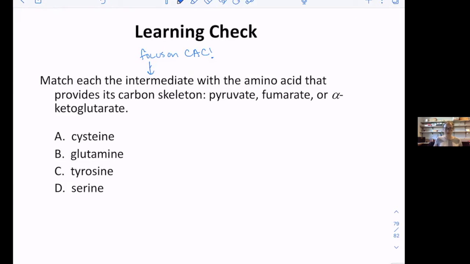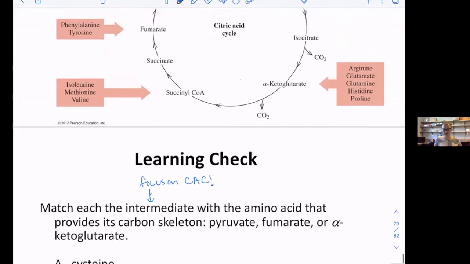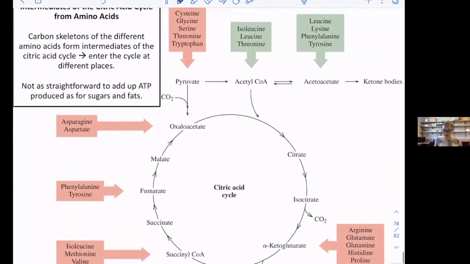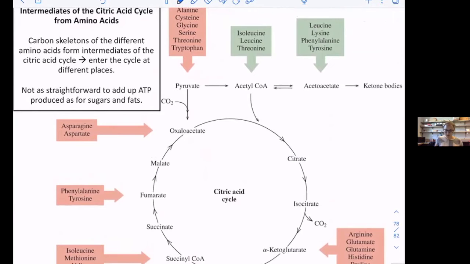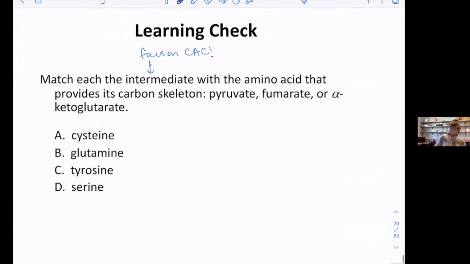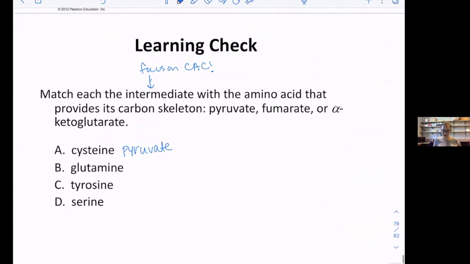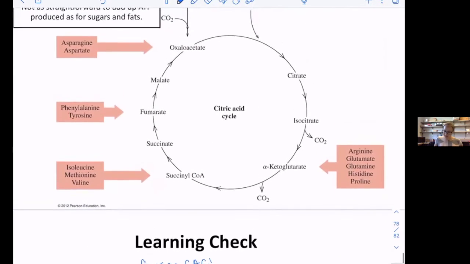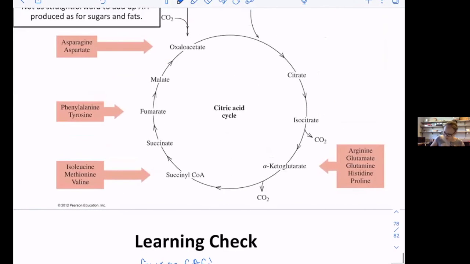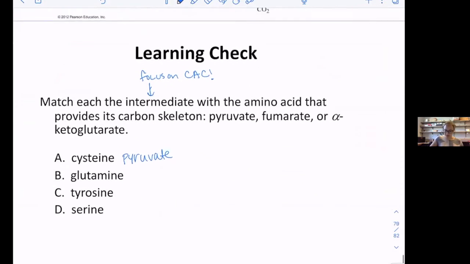So cysteine, which intermediate does it enter? Let's look back at our chart up here, and we see that cysteine is right here. So it enters as pyruvate. Okay, then we have glutamine. We'll have to go back up and look and find, glutamine is here, and that enters as alpha ketoglutarate.